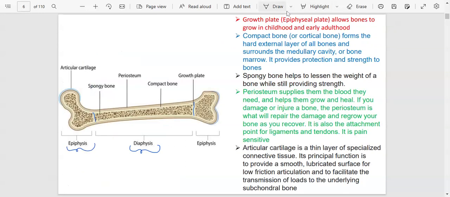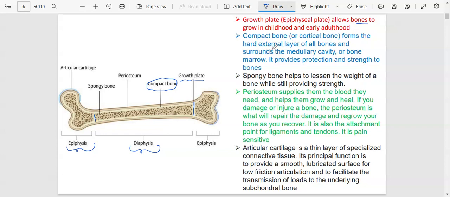All right. Now, what are the functions of these parts? We have got the growth plate, which is also called the epiphyseal plate. This one allows bones to grow in childhood and also in early adulthood. So the growth plate is what allows bones to be able to grow. That soft part there. We also have the compact bone, which is also called the cortical bone.